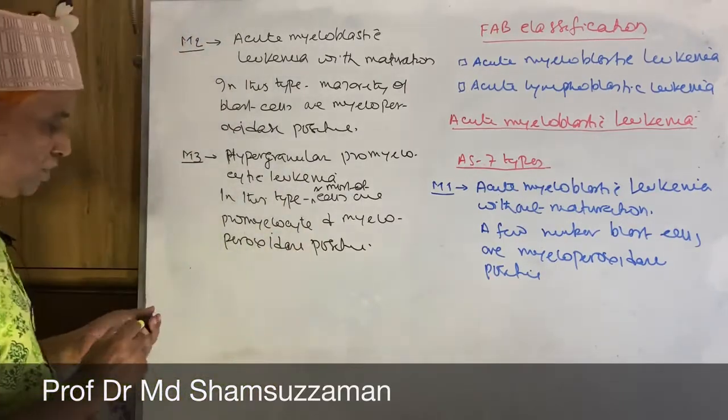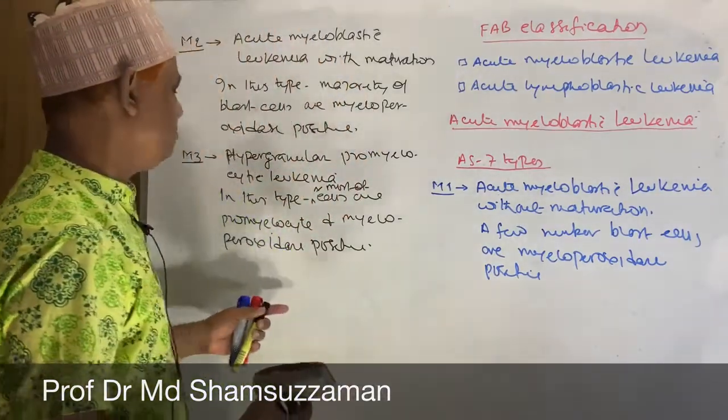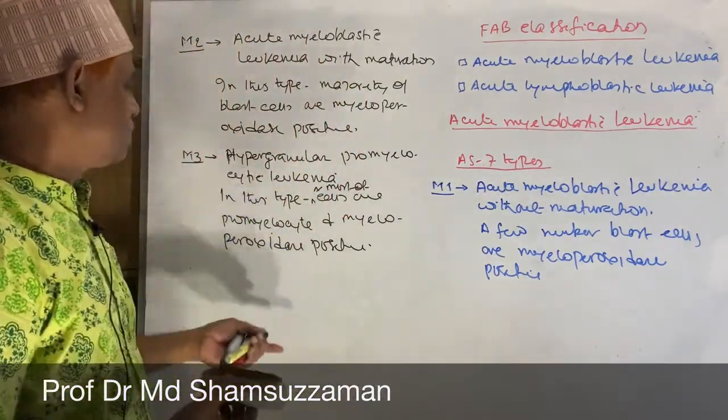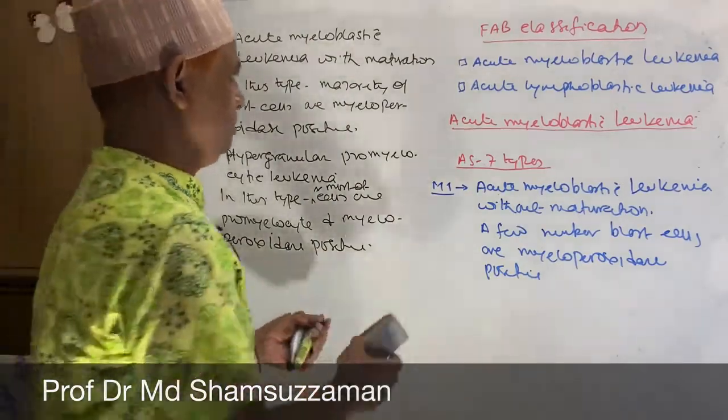So in M3, it is called hypergranular promyelocytic leukemia. In this type, most of the immature cells are promyelocytes and the cells are myeloperoxidase positive.